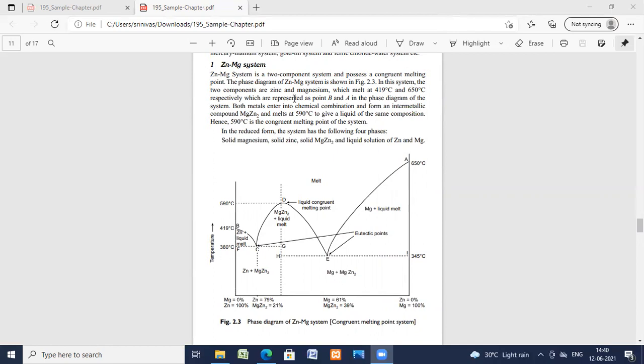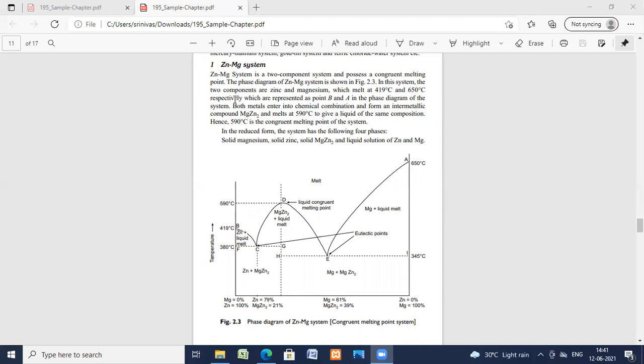In this system, the two components are zinc and magnesium. They melt at 419 degrees centigrade and 650 degrees centigrade respectively, and these are represented at points A and B in the phase diagram of the system.